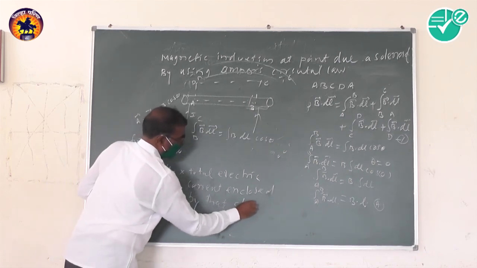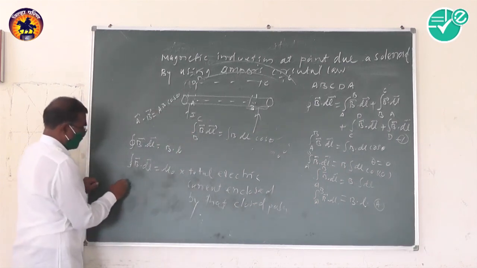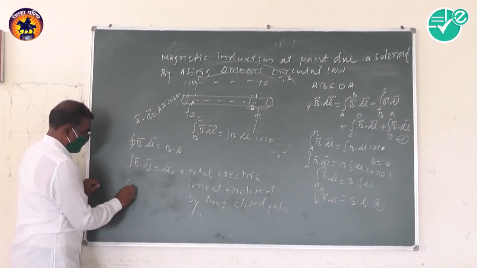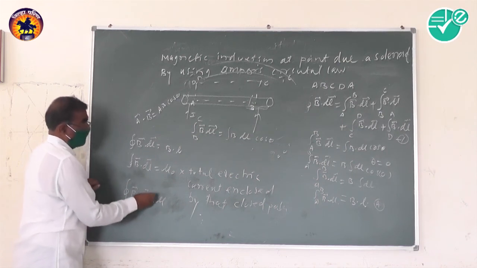That is, the integration of B dot dl equals mu 0 times the enclosed current. This is equation number 2.